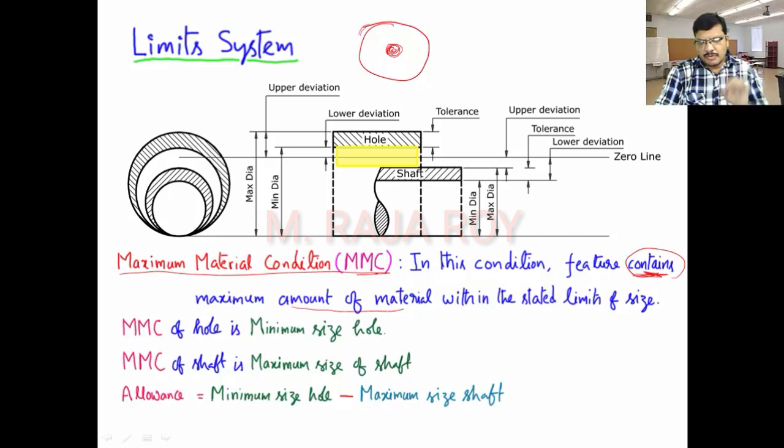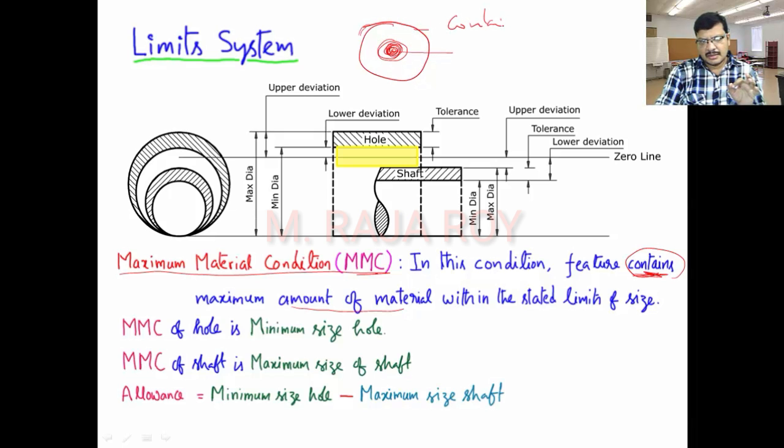When I start removing the material, that means when the hole size is increasing, whatever material it contains decreases. Am I correct or not? So here, for it to contain the maximum amount of material, the hole size must be minimum.